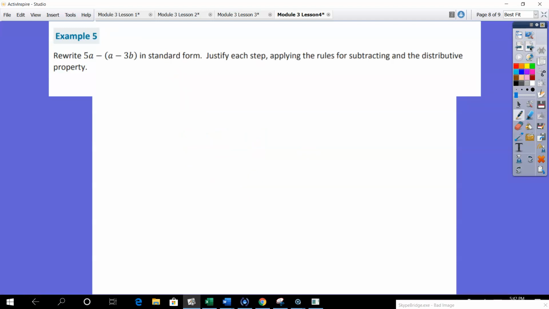Okay, so rewrite 5a minus a minus 3b in standard form. Justify each step applying the rules for subtraction and the distributive property. So we're going to start off with writing it out. 5a minus a minus 3b. Okay, so we know every time we see subtraction, we are going to add the inverse.